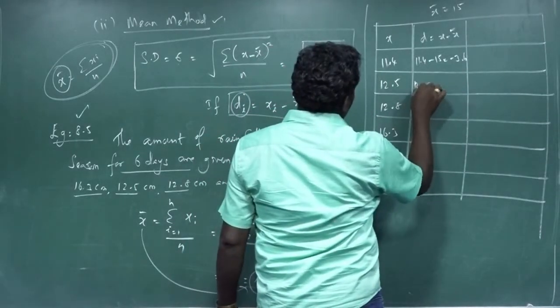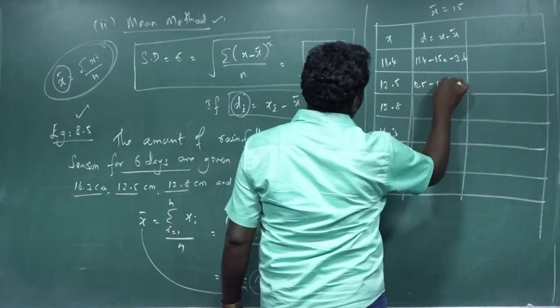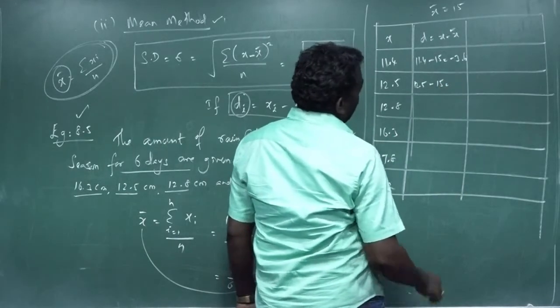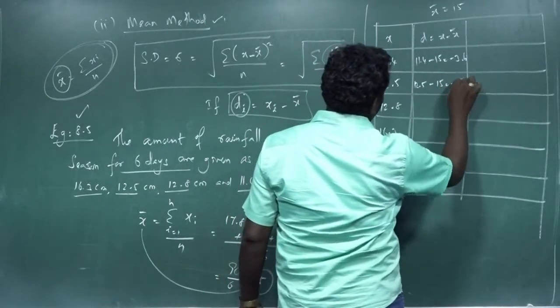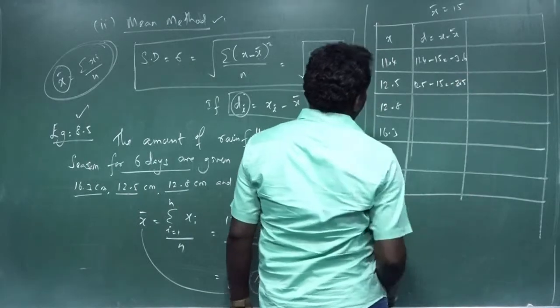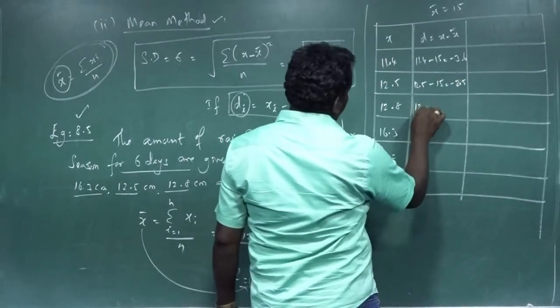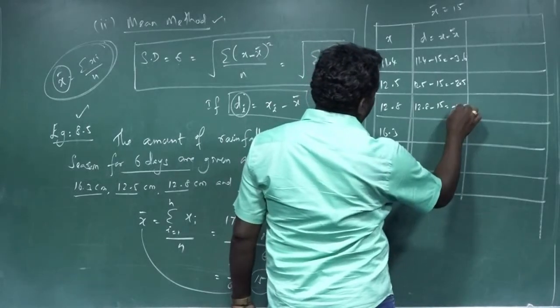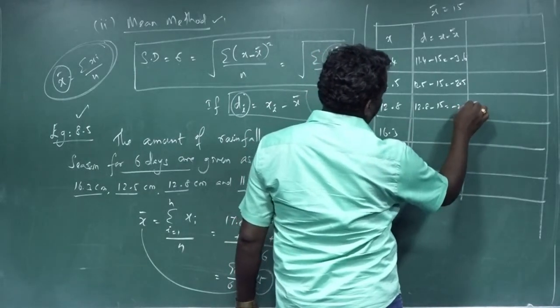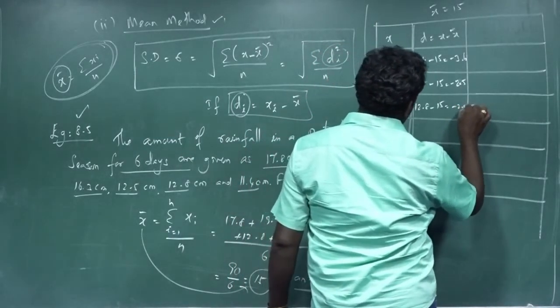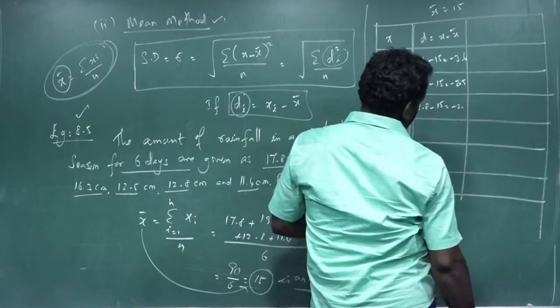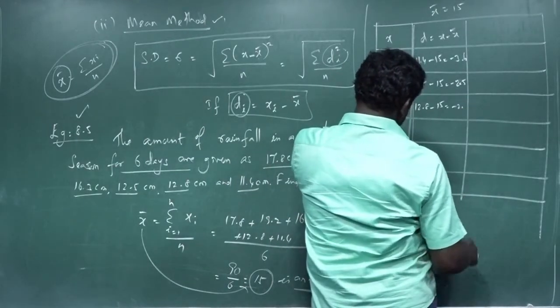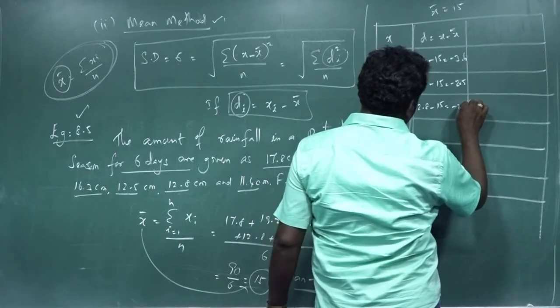Then 12.5 minus 15 is minus 2.5. Next 12.8 minus 15 is equal to minus 2.2.